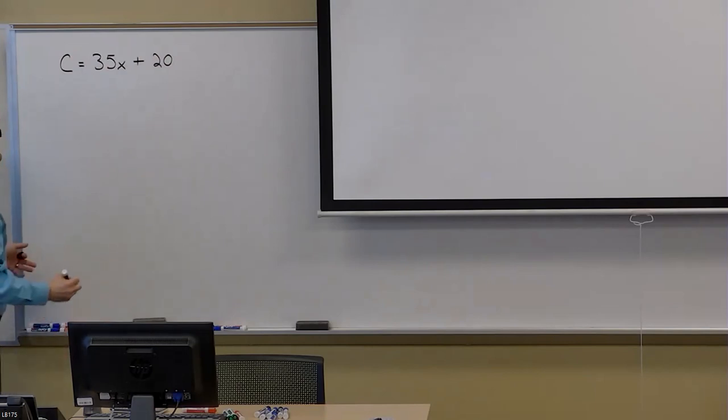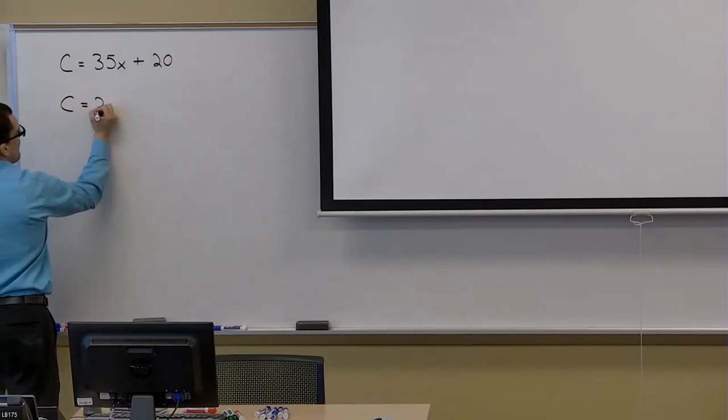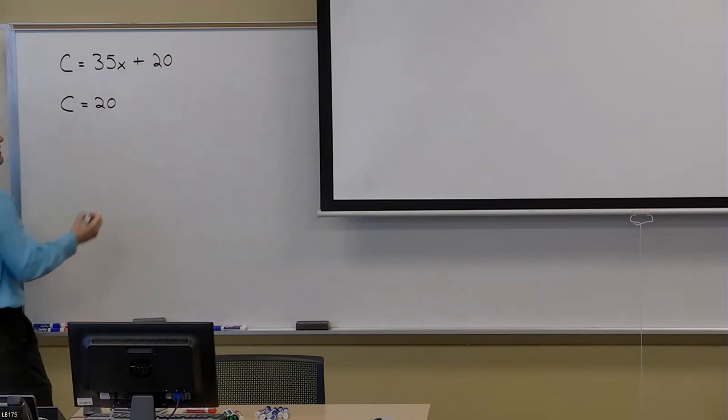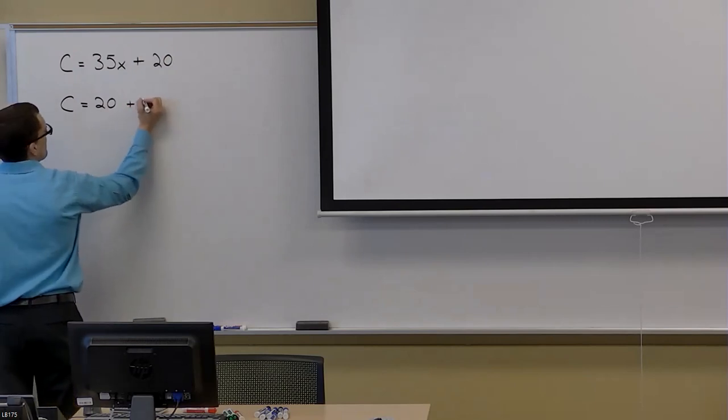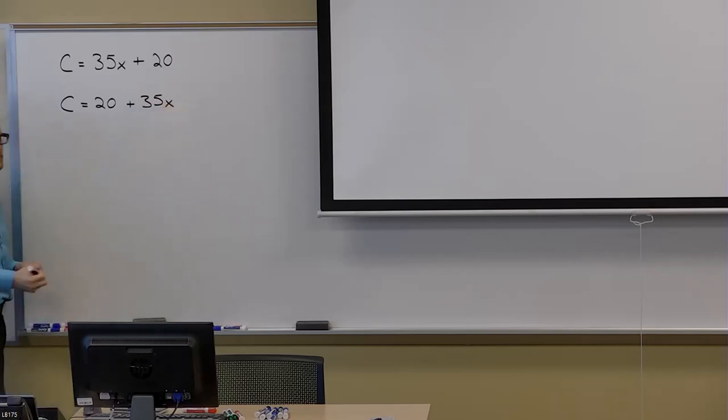By the way, it doesn't matter what order you have this in. If you wanted to start with the $20 fee plus 35 times the number of items to be picked up, these are exactly the same, and Moodle will say that these are exactly the same.